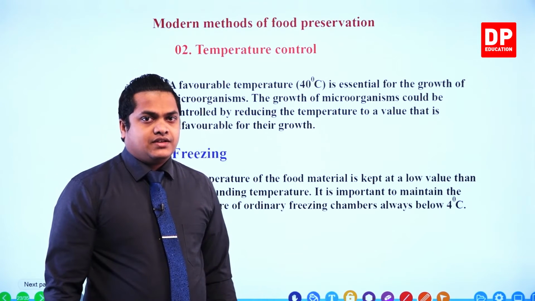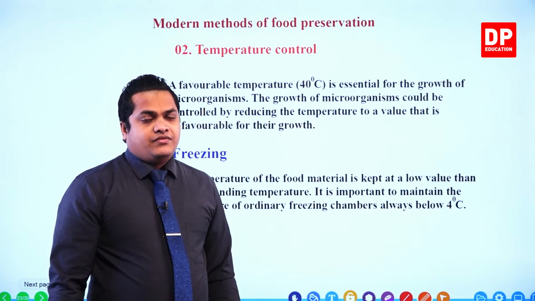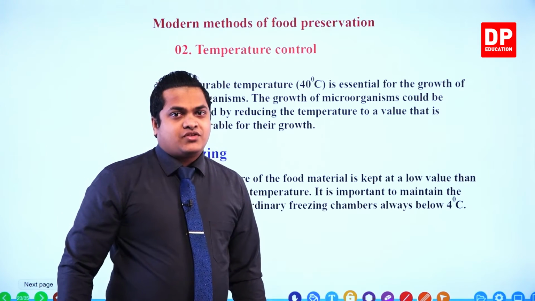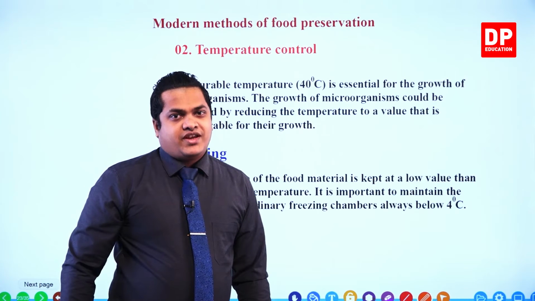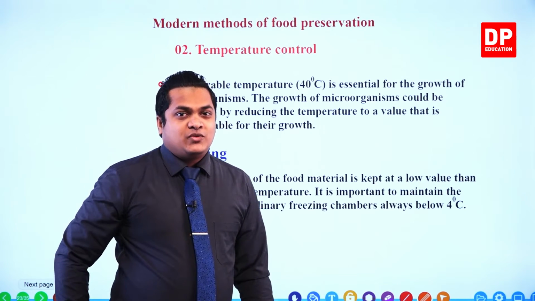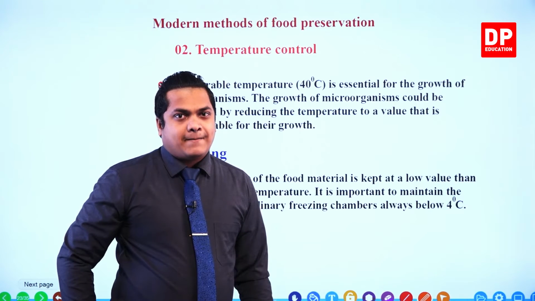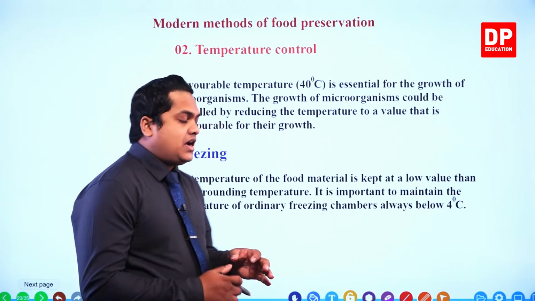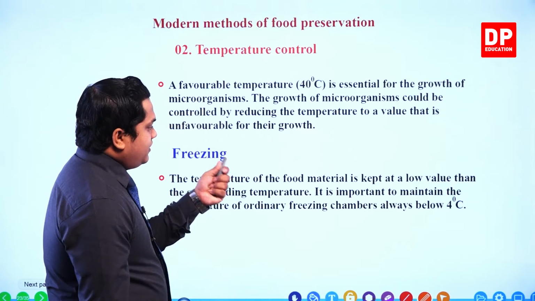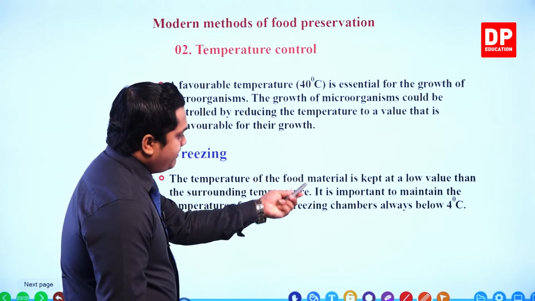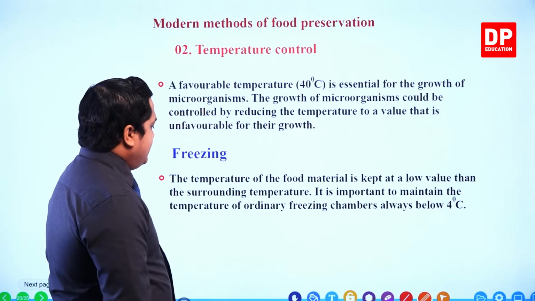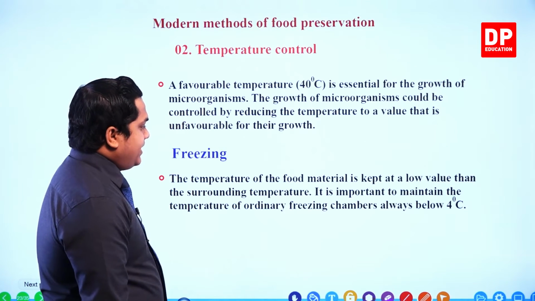Freezing. When the word freezing comes, you know this is talking about refrigerators. In refrigerators, we use the process of freezing. So let's see how to freeze a certain thing. The temperature of the food material is kept at a lower value than the surrounding temperature.